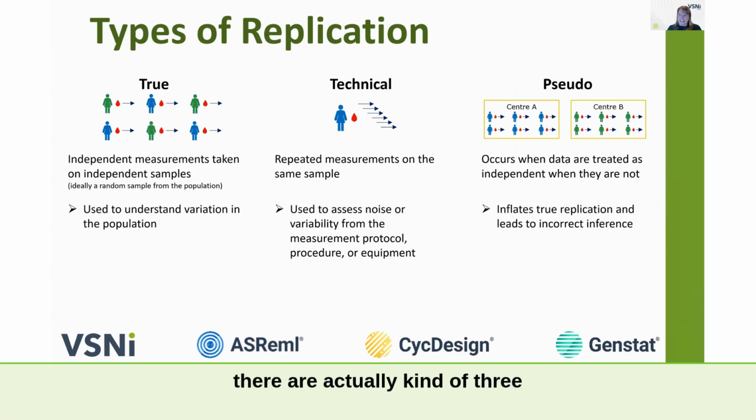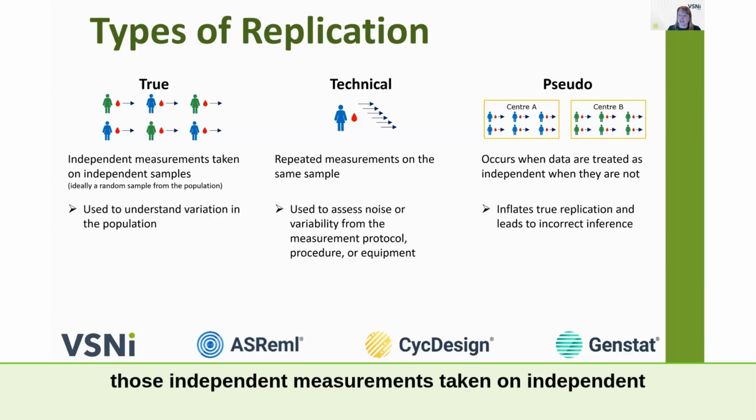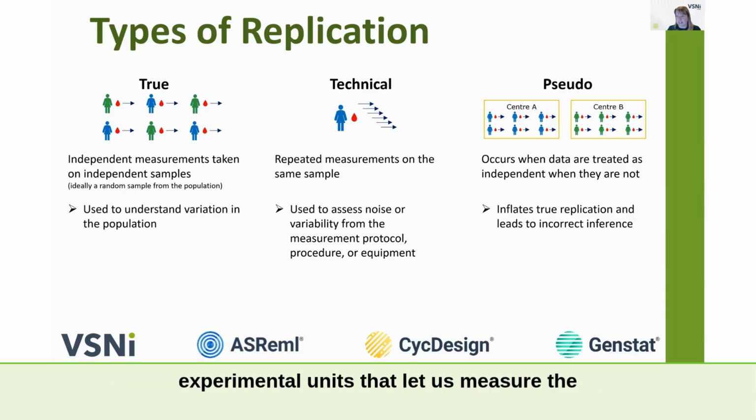Now, there are actually three main types of replication. In a designed experiment, we're typically interested in true replication. That is, those independent measurements taken on independent experimental units that let us measure the natural variability in the population.